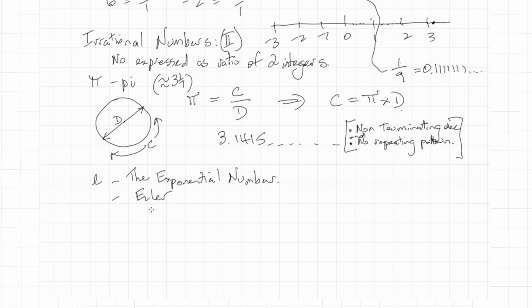By that I mean, if you've got a population and you want to come up with some sort of mathematical model for how it grows over time, the number e can be used in that model quite effectively to be able to do predictions.